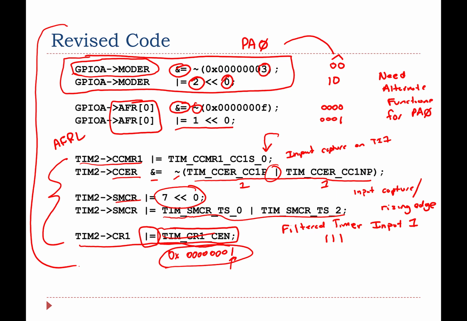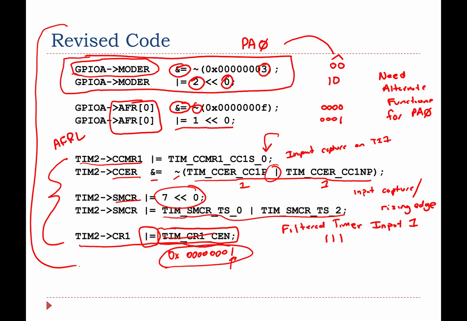Then we have to set up timer 2. What we're doing for that is setting it up for input capture on the first one, on TI1. Then we set it up to capture rising edges. And then we set up that we're trying to do some sort of filtering on the timer input.